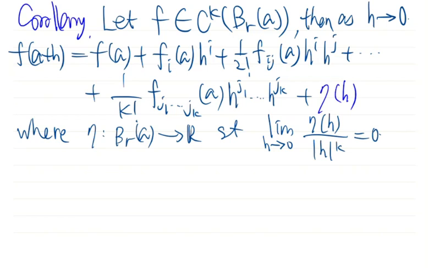So this is the Peano remainder term. The eta is a Peano remainder. So this is a corollary of the previous theorem. So the proof is also very easy.